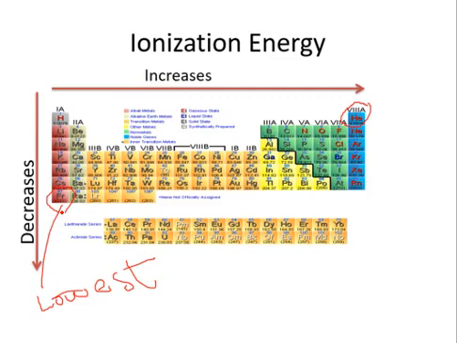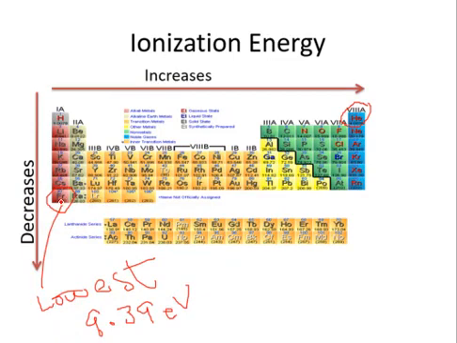The ionization energy of francium is 9.39. That's the amount of energy that it takes to get the outermost electron, the first ionization energy.